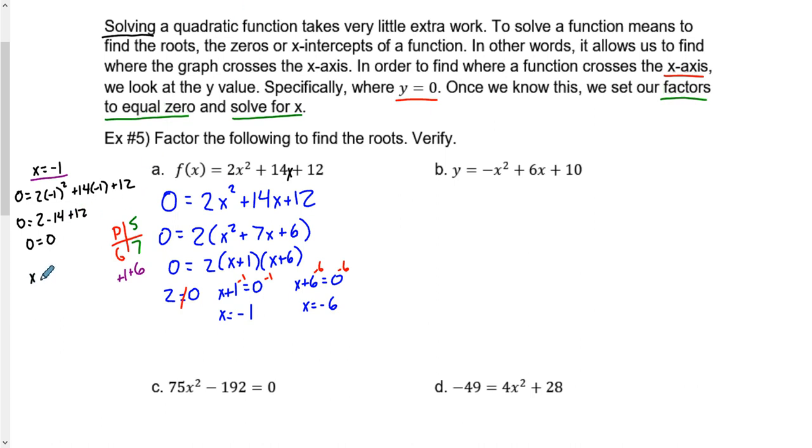If I use the other factor of x equals -6, I do the exact same thing. 2 multiplied by -6 squared. Add 14 by -6. Add 12. See, -6 squared is 36. 2 times 36 is 72.